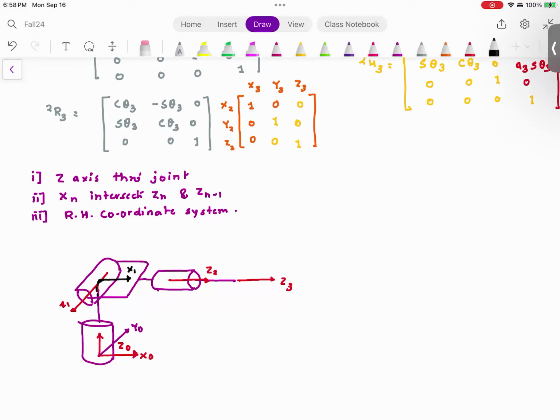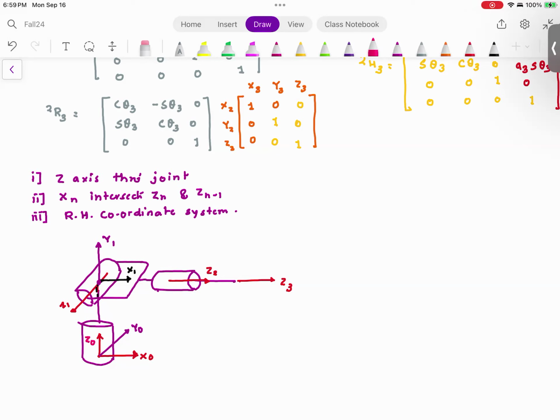So which means my rule number 2 is satisfied. And then this is my X, this is my Z, so this becomes my Y1. Once again, this is my X1, and I'll be very clear here. So can you see my X1 is intersecting with Z1? My X1 is intersecting with Z0. Everyone understood this?